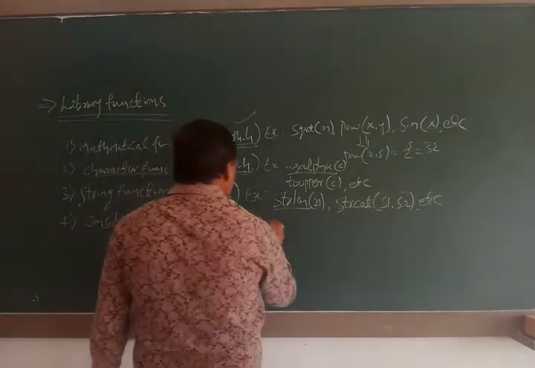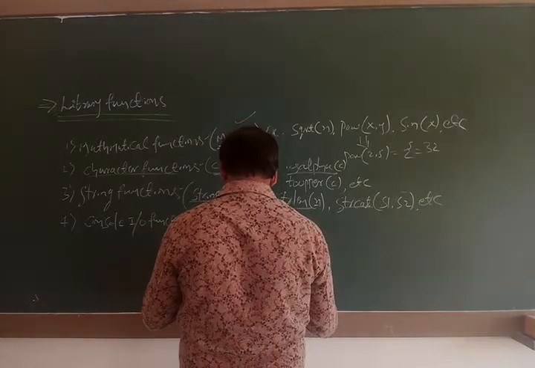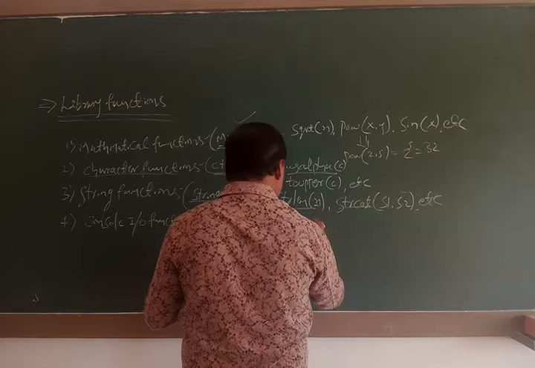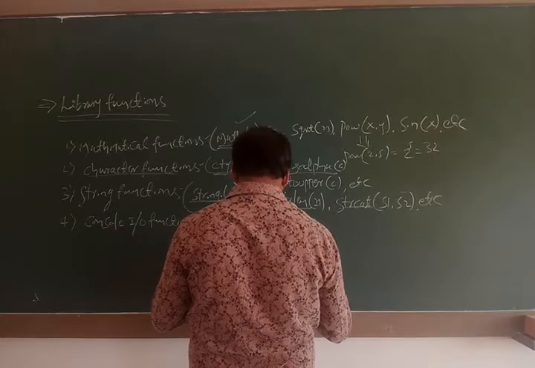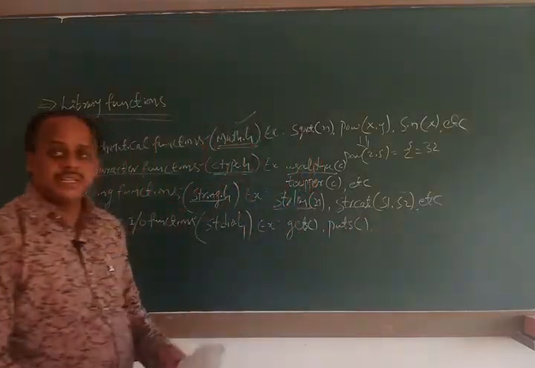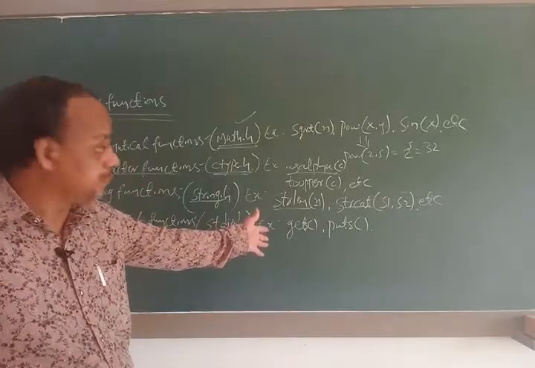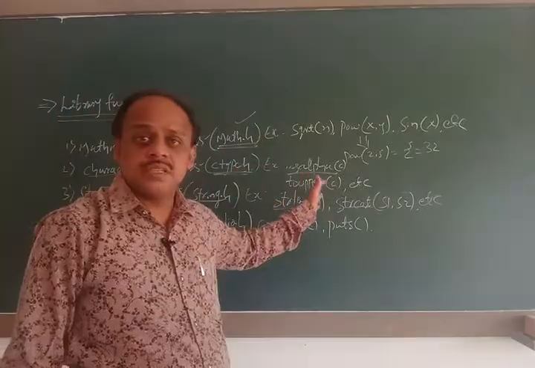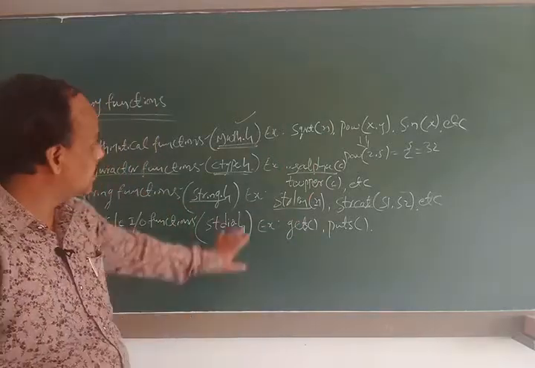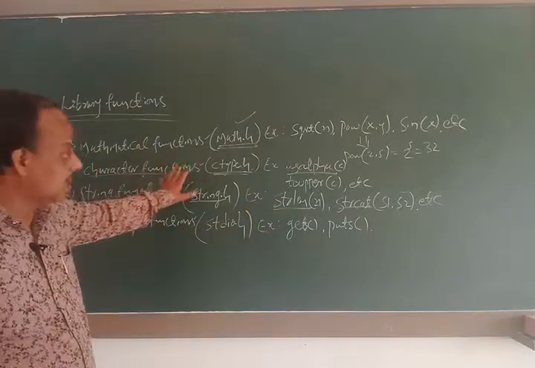For example, input output functions are the gets function and the puts function. So these are the input output functions. Regarding each of these functions, we are going to discuss in detail in the next chapter, right? I just mentioned examples here.